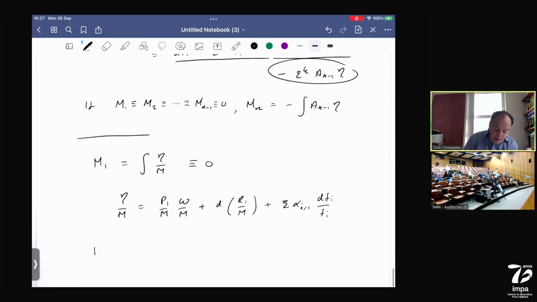And so I rewrite this expression just as we do with the Francoise algorithm in the following form.